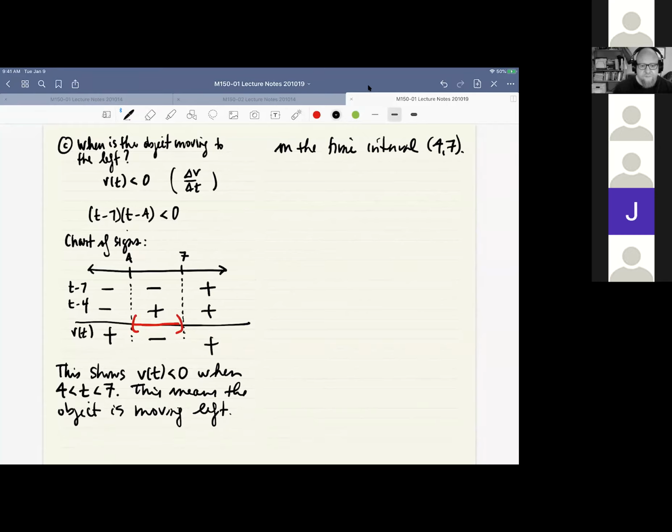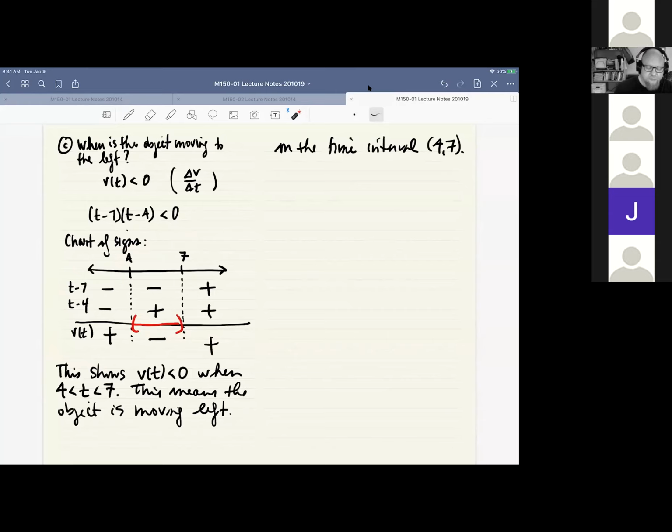So this idea of left and right is something that we can interpret about a position function from the derivative. And that's something that's important for you to know. And if you've never done a chart of signs like this before, this is something that's really helpful.